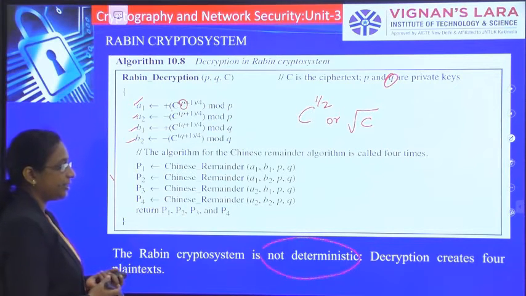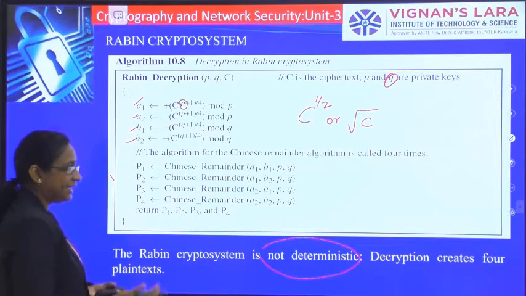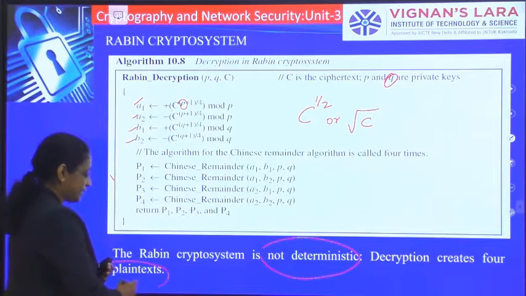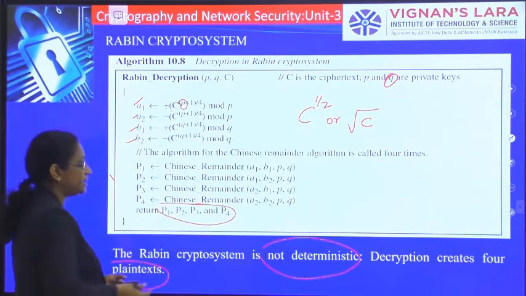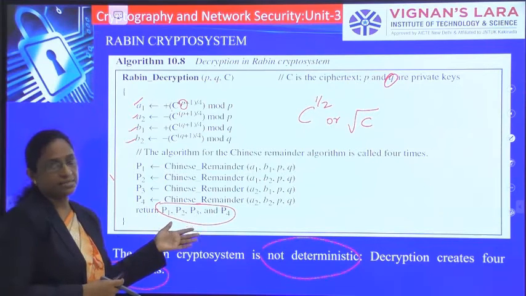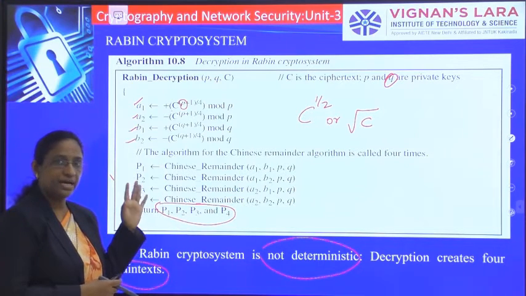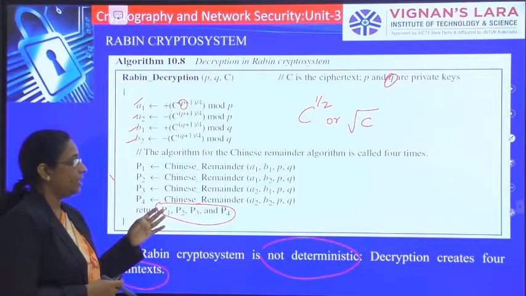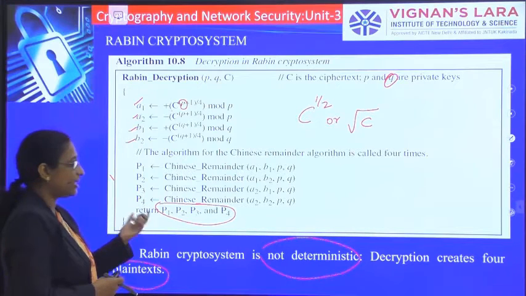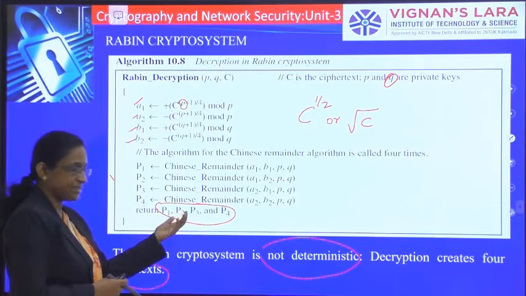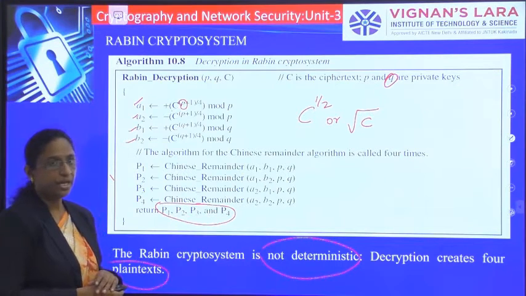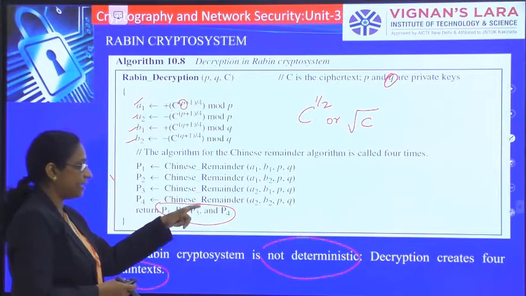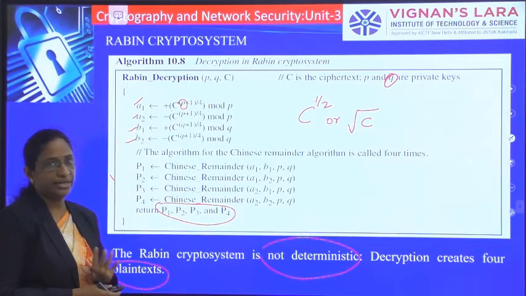It is non-deterministic because the decryption creates 4 plain texts, and one of these will be the exact plain text. The original message can be P1, P2, P3, or P4; any one of these 4 can be your plain text.